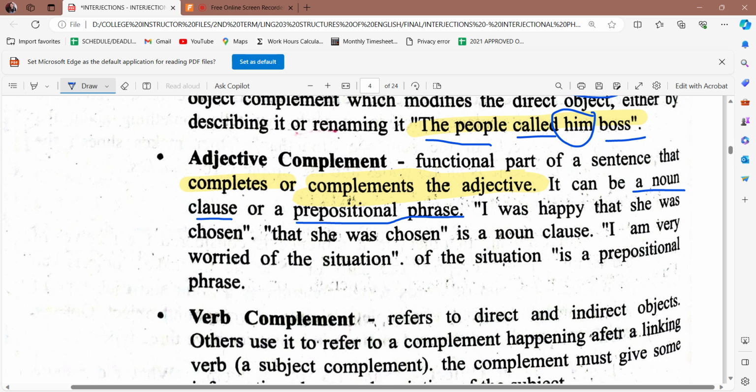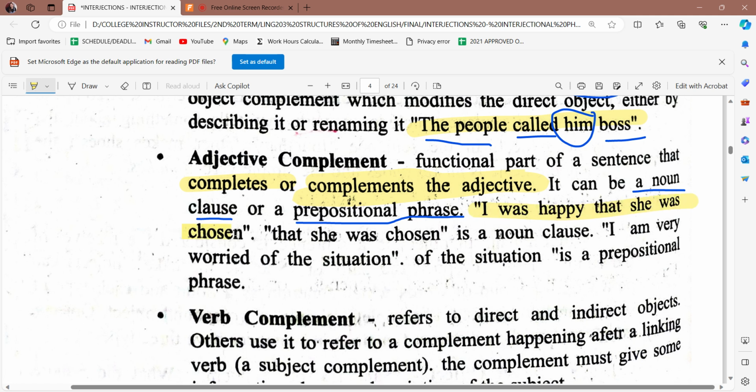So that is why I have been telling you over and over again that in order for you to identify the words underlined in the sentence, you should know first kung unsa ang functions sa uban. Okay? So that you will be able to know or to distinguish or to identify now kung unsa tong gi-underline na. Okay? Now, let's try to check for the adjective complement in this sentence.